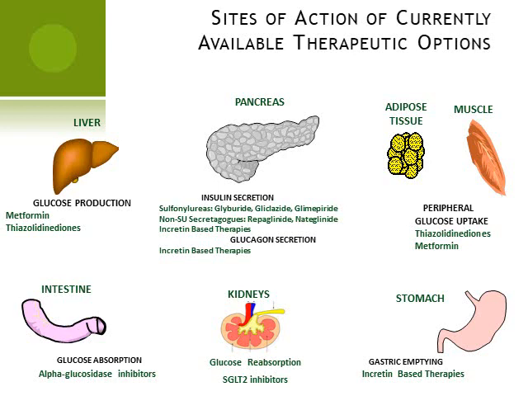The agents which hamper glucose absorption from the intestines are alpha glucosidase inhibitors, and the agents responsible for decreased glucose reabsorption from the kidneys are the SGLT2 inhibitors. And finally, the pharmacological agents which delay gastric emptying are the incretin based therapies.